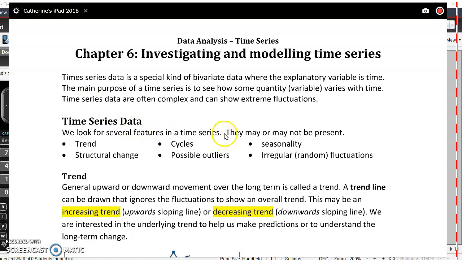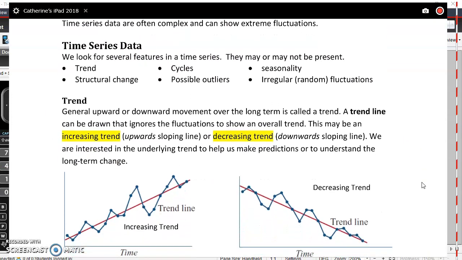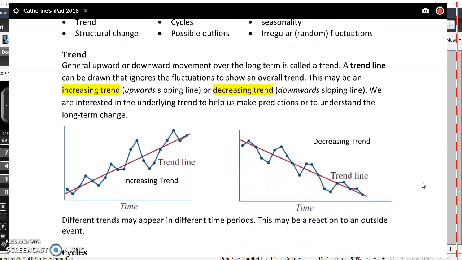So let's talk about trend for a little bit. Trend is looking to see if there's a general upwards or downward movement. We would want to make a trend line to show that overall trend. You can see on the left-hand side graph an increasing trend. We've got those fluctuations happening, the ups and downs, the peaks and the troughs. The peaks are the up bits, troughs are the down bits.